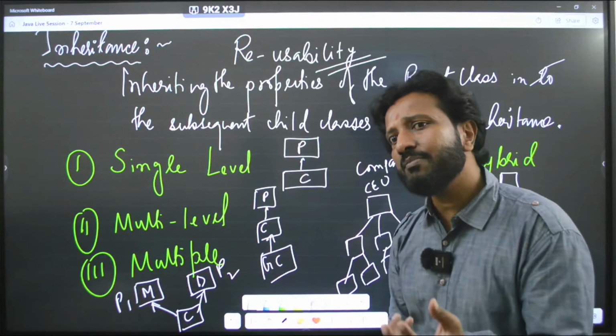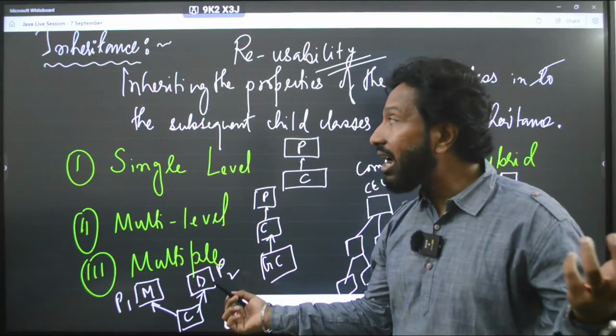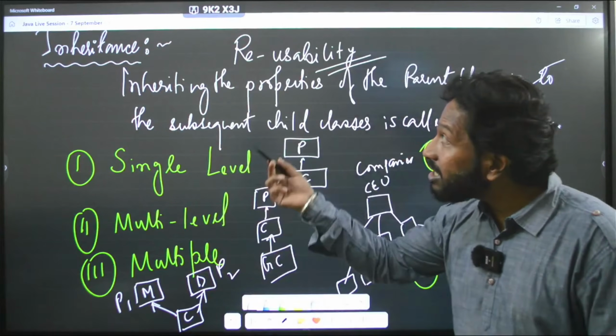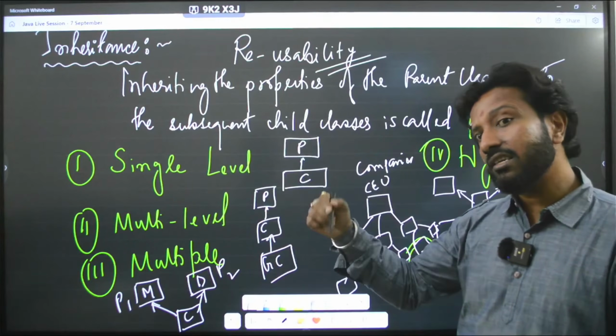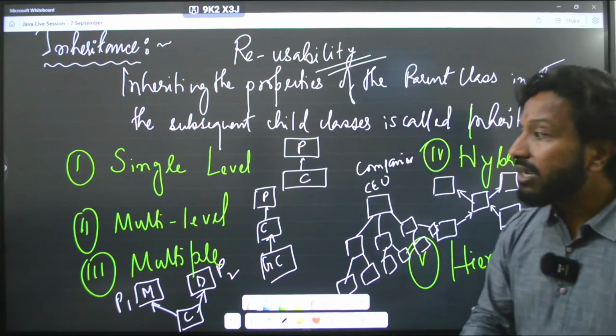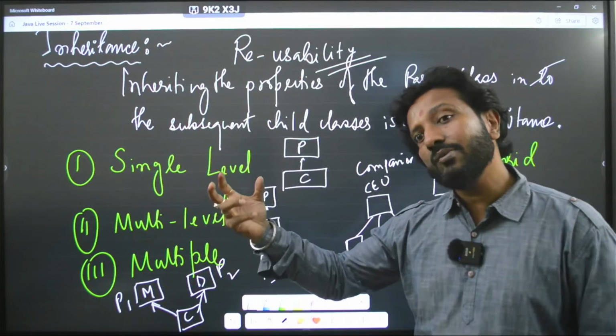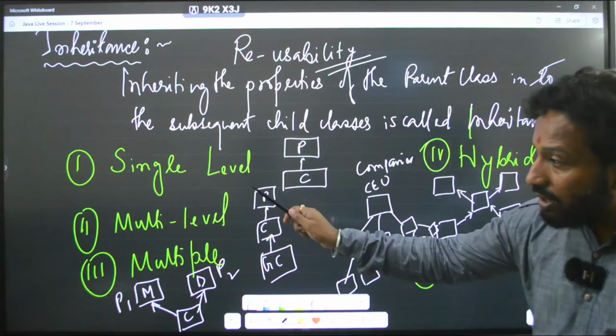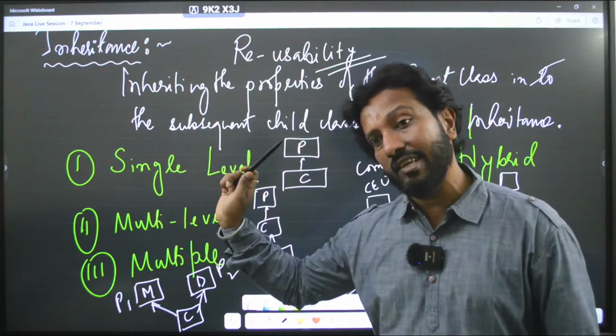My dad has built an empire. After him, I am the successor. Simple. That is reusability. Understood? In terms of code, it will look a little bit different. We will try to understand that right now. Let us go and learn the first one, single level inheritance.